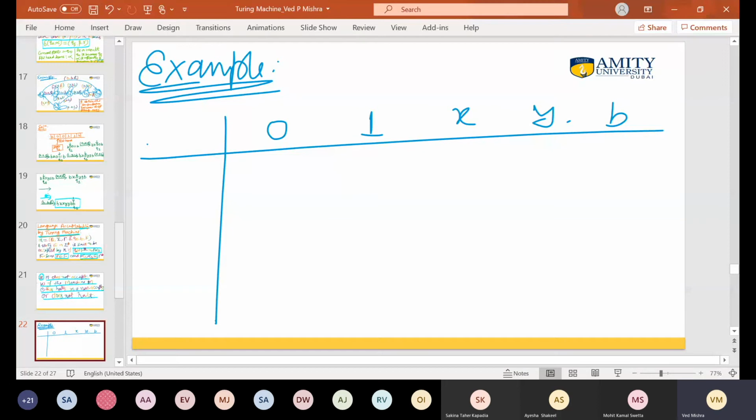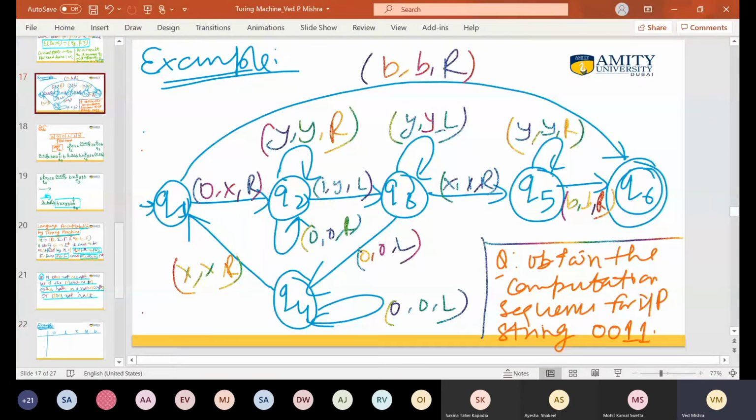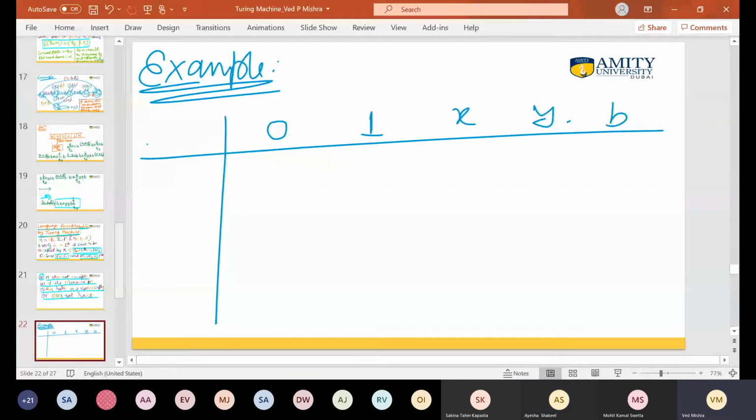So let's make it. This was your transition diagram. Can you make the equivalent transition table for this? Yes. So how will you make it? What will you write?